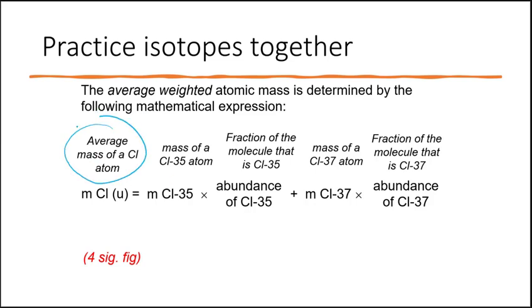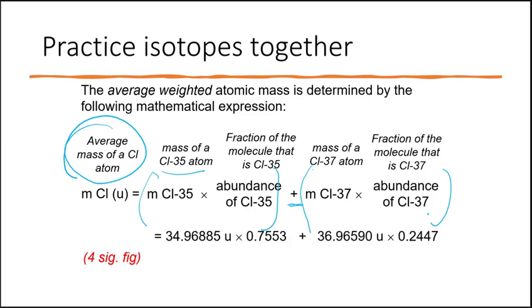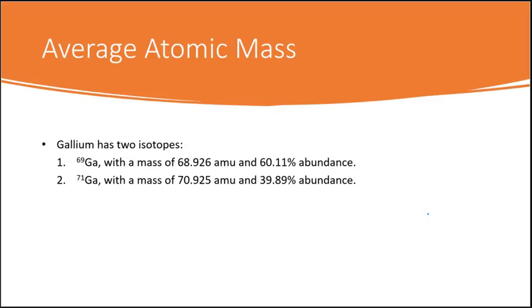To find the average mass of the chlorine, we take its mass of whatever atom it tells us times the abundance. So this is part 1. And then we add the mass of the second atom and then times that by its abundance. And then we got 35.45, which is what our periodic table tells us.